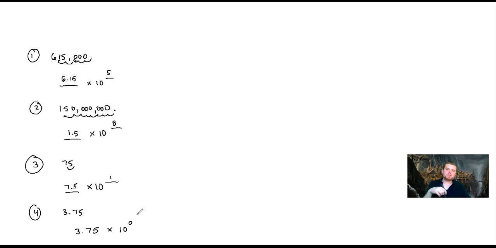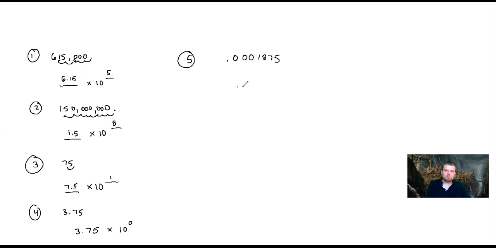Now, we said at the very beginning of 6.3 that scientific notation is used to convert very small or very big numbers. So far, all we've really done is convert very big numbers. Well, what about very small numbers? So with small numbers, it's going to be the same process. However, you're going to move the decimal in the opposite direction. So for instance, 0.001875.